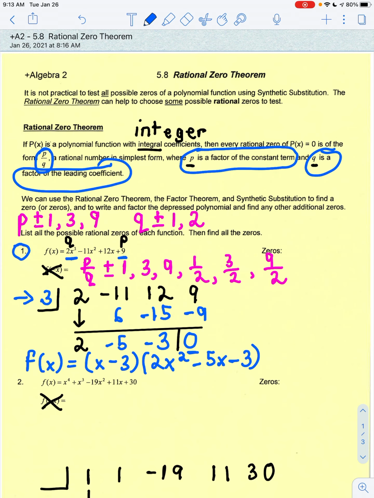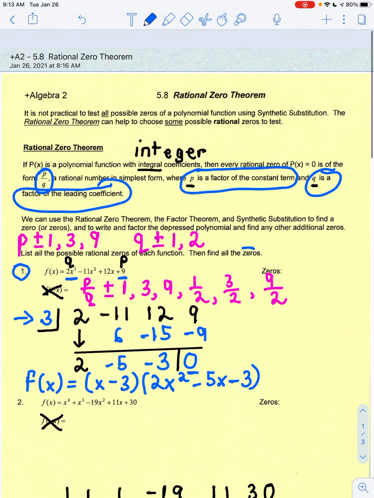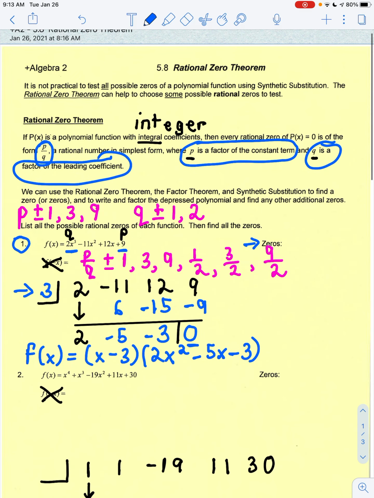The hope is, because we're asked to find all the zeros, that this is going to be factorable. Worst case scenario, if it doesn't factor, then you can use the quadratic formula because you're at the quadratic level. The good news is this is factorable.